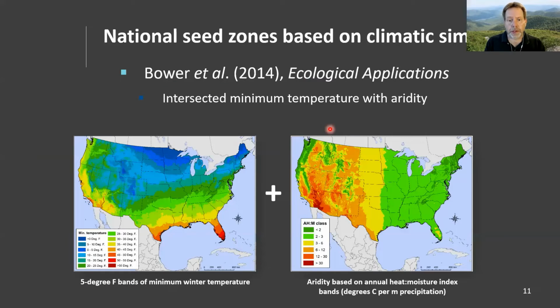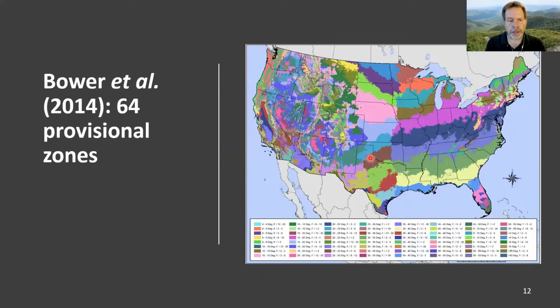Because we want to include the entirety of the continental United States, we are using national provisional seed zones based on climatic similarity, published by Bauer et al. a few years ago. And these seed zones are based on the intersection of minimum winter temperature with aridity across the continental United States. When they did that, they came up with 64 provisional seed zones.